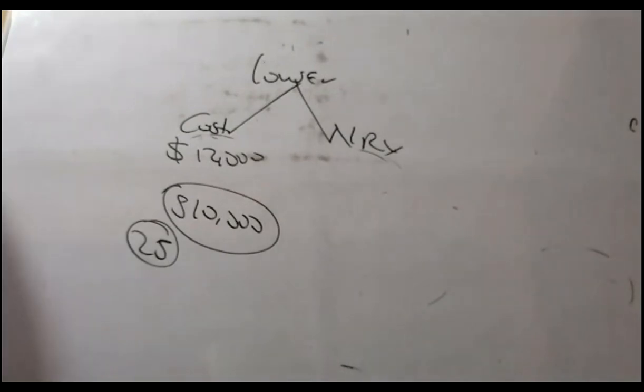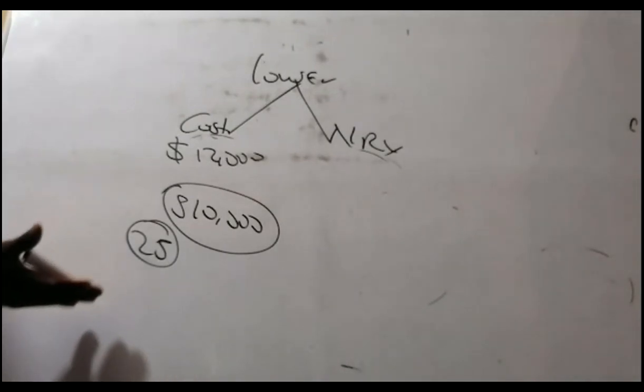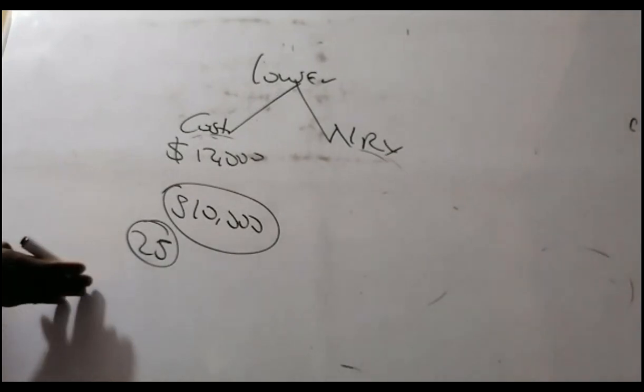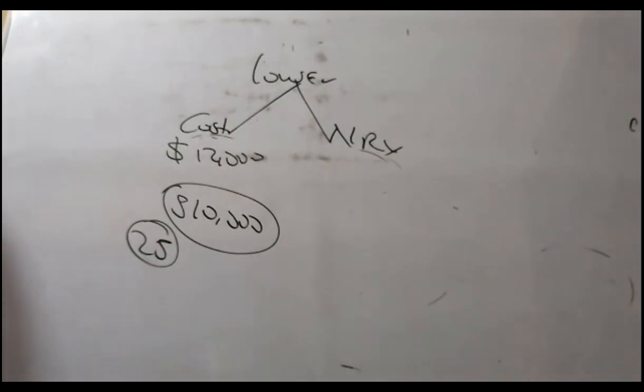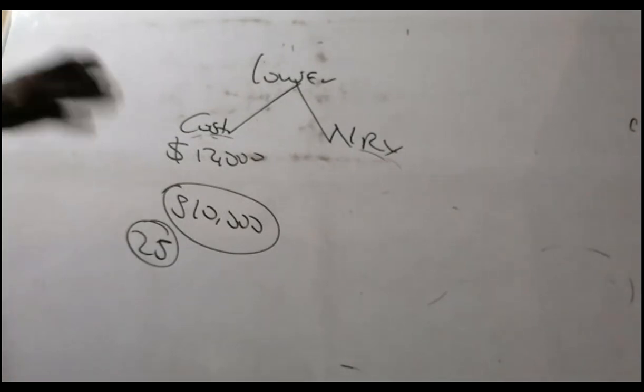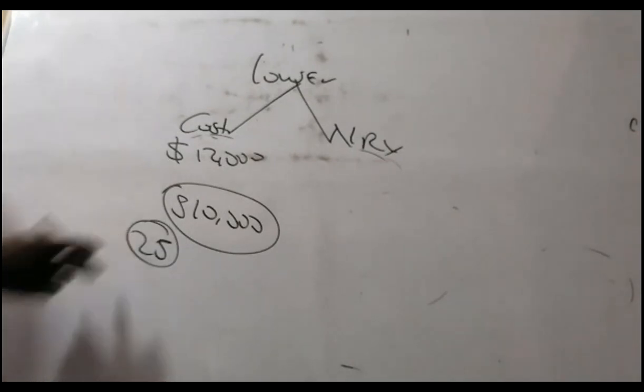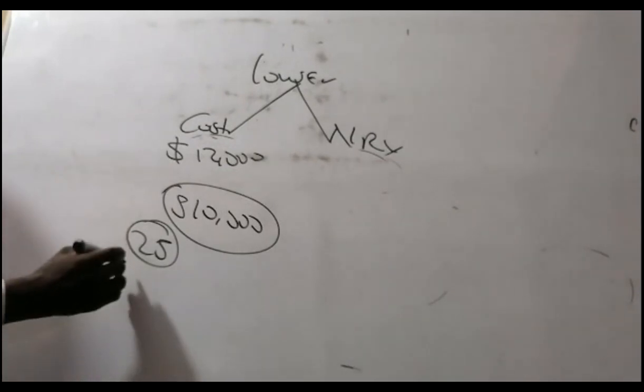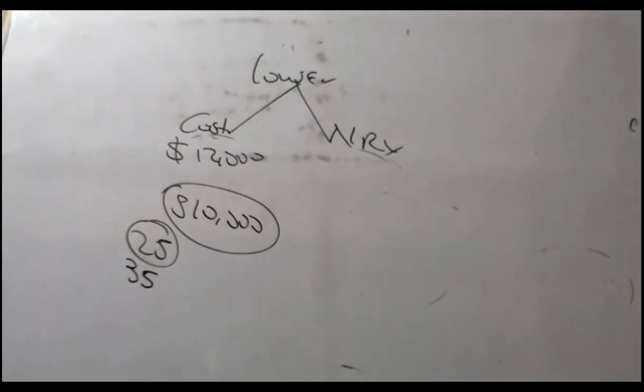Since buying, since they started, now recently, today, if you go to the institute and want to buy the question bank, it's around 35 cedis up to 40 cedis. So it means that the cost price has been increased. That does not mean that this 35 is the NRV.